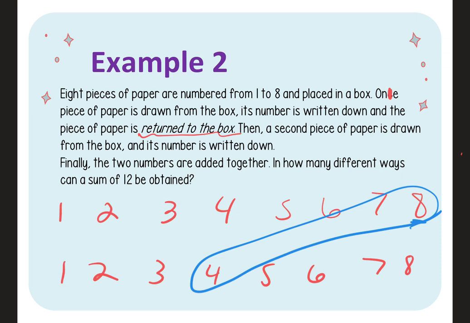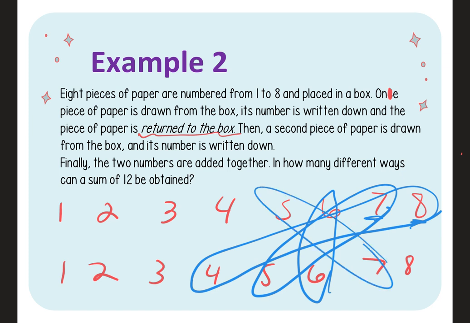What happens if I pick a 7? 7 and 5 is a combination that would give me 12. I did circle that. What happens if I pick a 6 from the first set? 6 and 6 would give me 12. Now 5, 7. 4, 8. 3, nothing. Not possible. That's why I start with the biggest and work my way down.